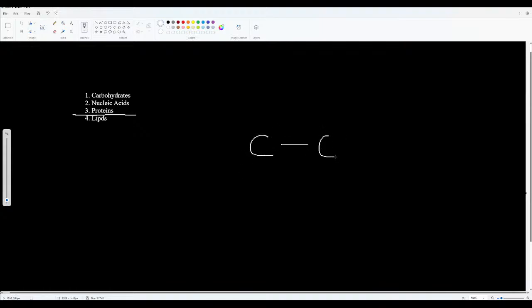C, bonded to C. The C on the right has a carboxyl group on it. Okay, well, I'll revisit this. And this C on the left has an amino group.